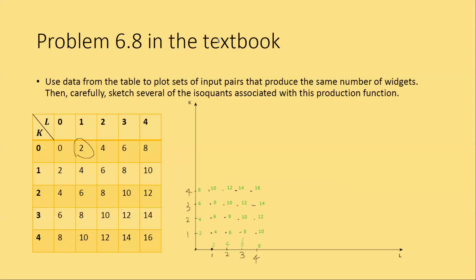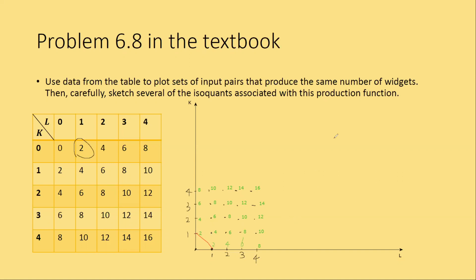We can connect some of those points to draw the isoquant. So these 2 points, and let me use the red line to represent the isoquant here. Those 2 points are both producing 2 units of output.